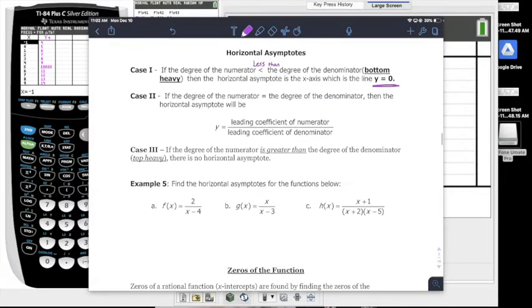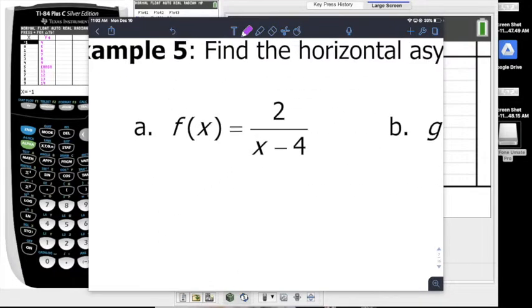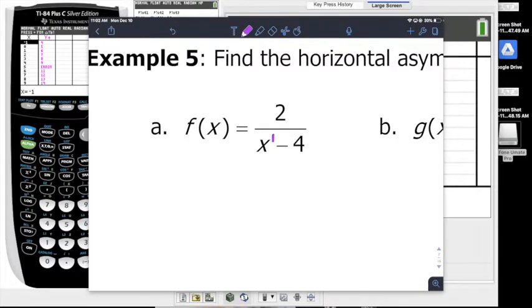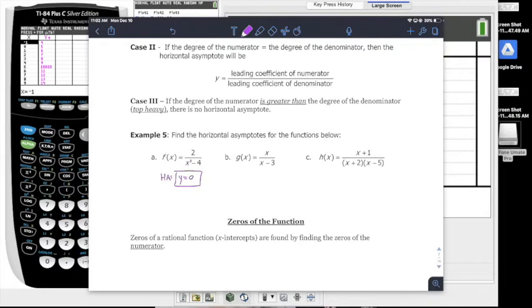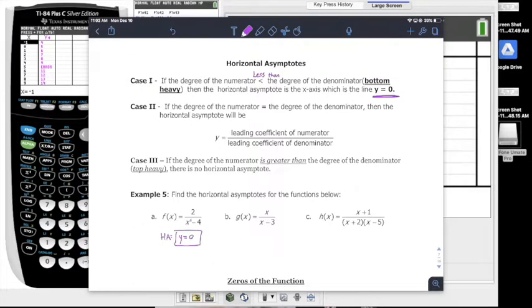For example, here the degree of the denominator is 1 and the degree of the numerator is 0. You don't have x raised to anything in the numerator. Since this one is bottom heavy with the powers, the horizontal asymptote, I'll use HA for that, is going to be at y equals 0 every time. And that's only for those bottom heavy cases.